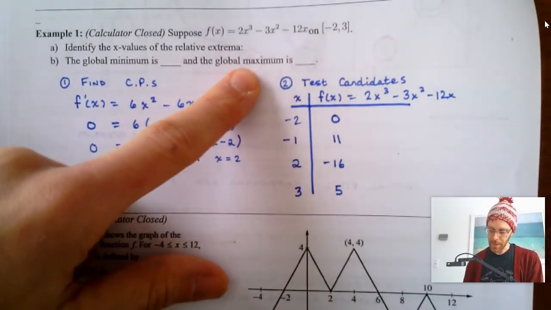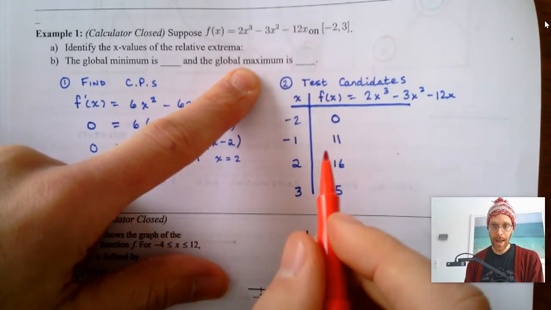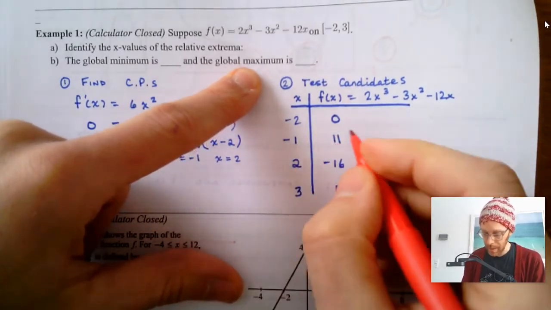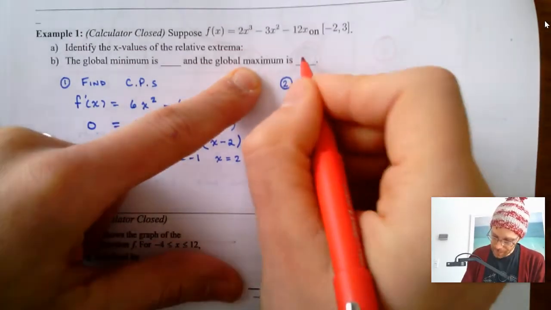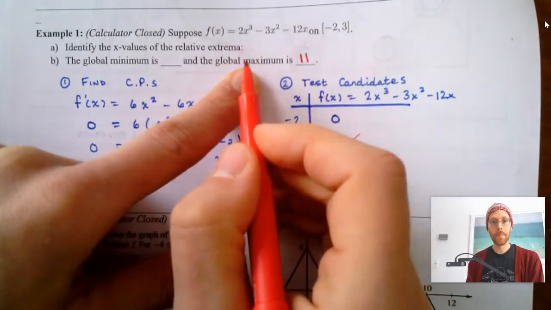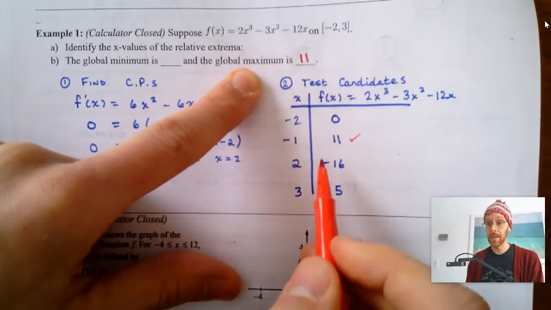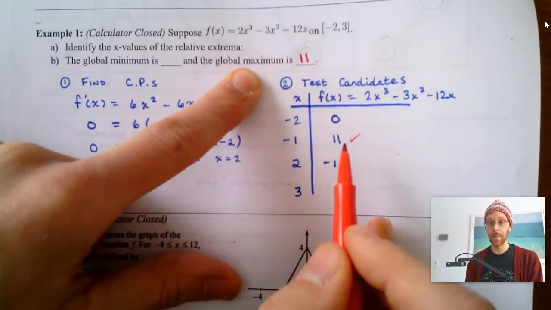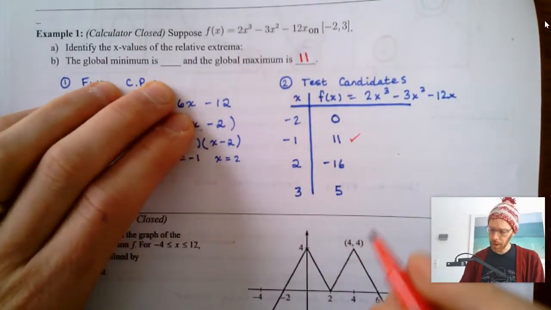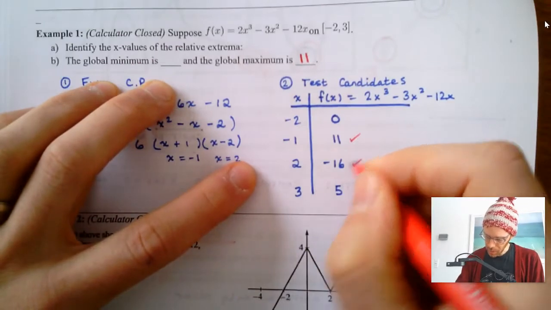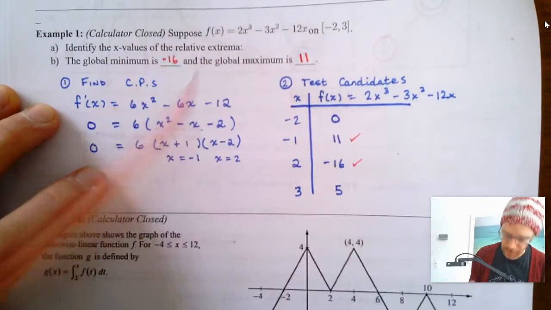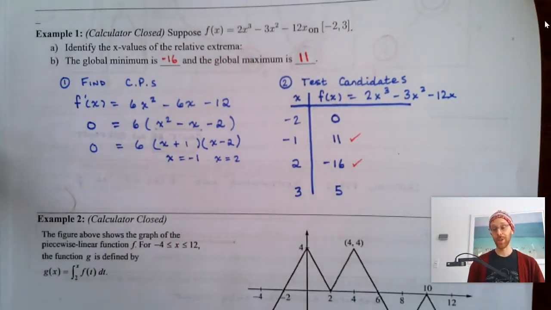So the global maximum is going to occur at -1, and the maximum value is 11. That's how you would answer this question right here. If it doesn't say anything about the x value, give the y value. This is the actual maximum. The global minimum would occur at 2, and it has a value of -16. So there's the answers to the question.